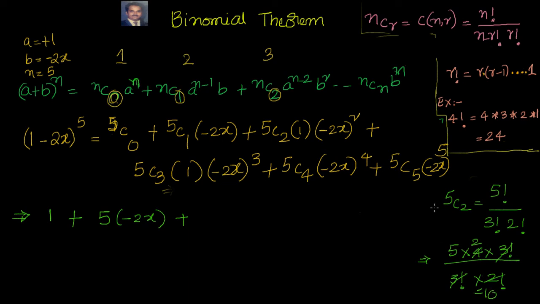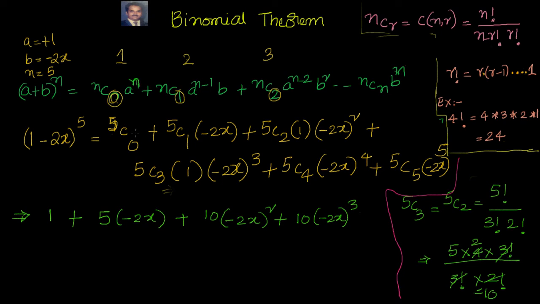And also remember, this is also equal to 5C3. Similarly, 5C1 is equal to 5C4. You can check that. Now what is 5C2? 10. So this becomes 10 into minus 2x whole square plus, I just said 5C2 equal to 5C3, so that is 10 into minus 2x whole cube plus, what else I have?